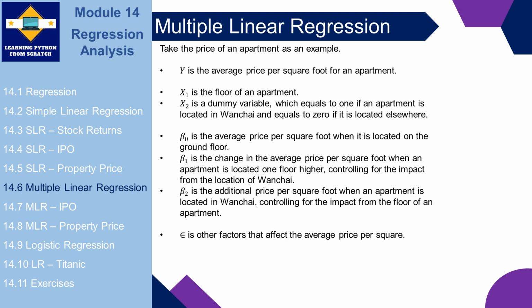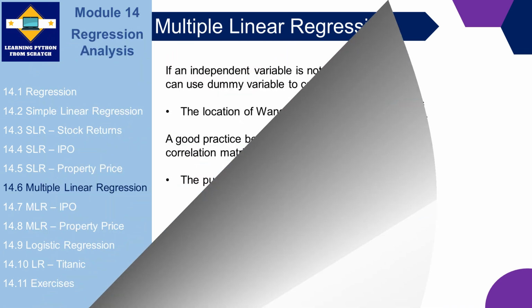Beta naught is the average price per square foot when it is located on the ground floor, and beta 1 is the change in the average price per square foot when an apartment is located one floor higher, controlling for the impact from the location of Wan Chai. And beta 2 is the additional price per square foot when an apartment is located in Wan Chai, controlling for the impact from the floor of an apartment. And lastly, epsilon is other factors that affect the average price per square foot.